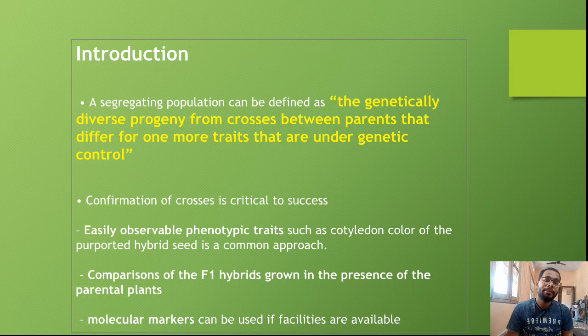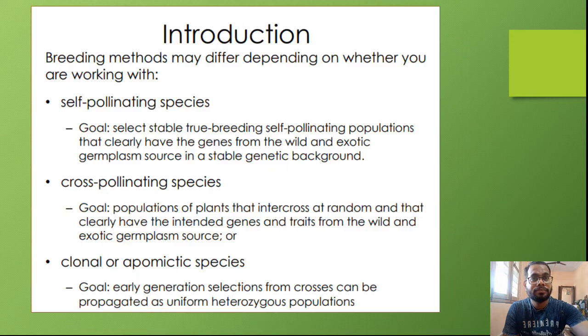So these are the three methods: color of cotyledons, comparison of F1 with their parents, and molecular markers. You can use these three methods to confirm a cross and for the success of hybrid breeding.